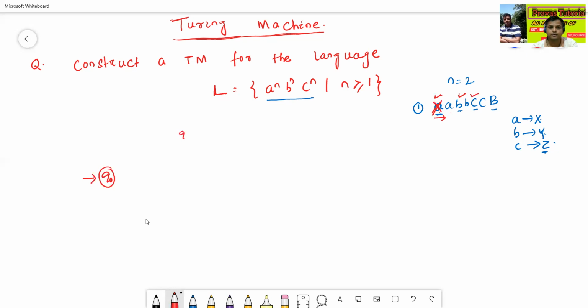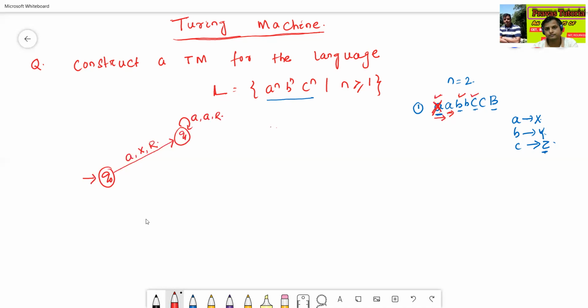Then it goes to Q1. Q1 reads A and skips. Skip means read and write the same symbol, so it reads A, writes A, and moves towards right. Then Q1 reads B, writes Y, and moves towards right.